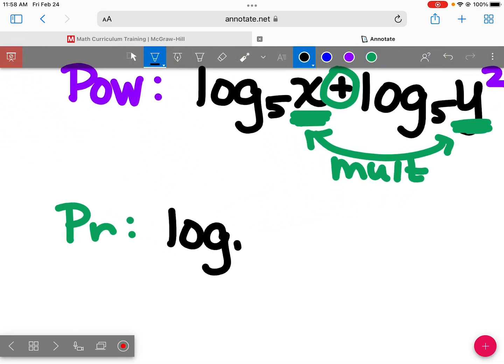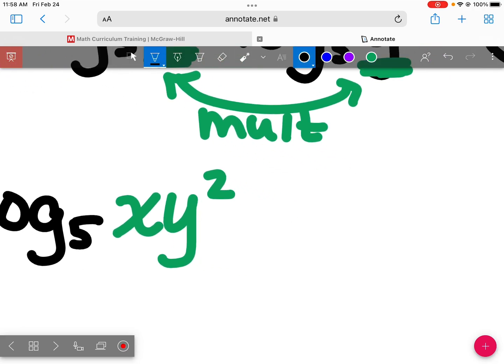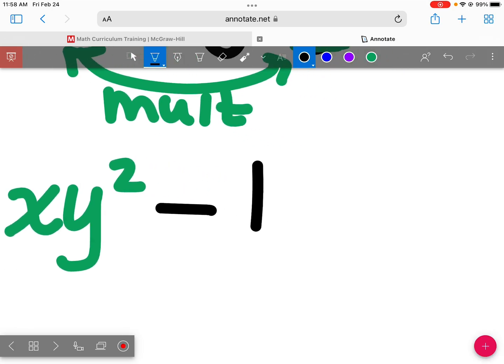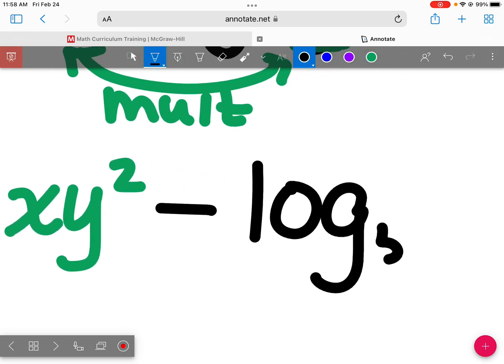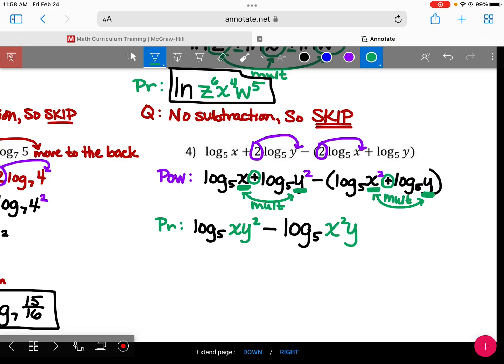So log base 5 of x y squared minus, do I still need the parentheses if I condense it down into just 1? Nope. If I have it as just 1 log, I don't need those parentheses anymore. Log base 5 of x squared y.